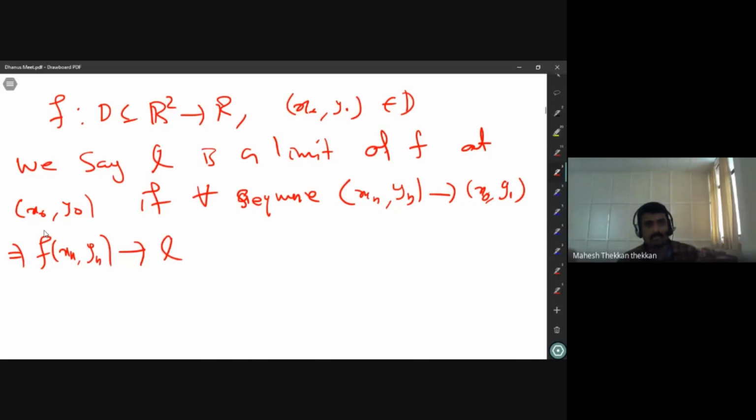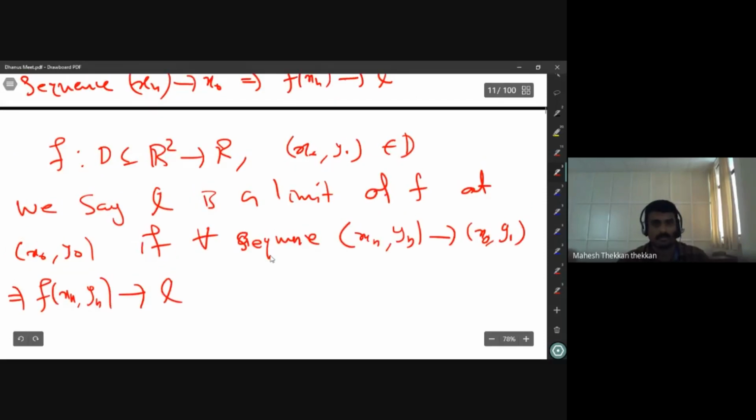Then f(xn, yn) has to converge to L. Then we say L is the limit of f at (x naught, y naught). Okay, this is the sequential way of understanding this definition.